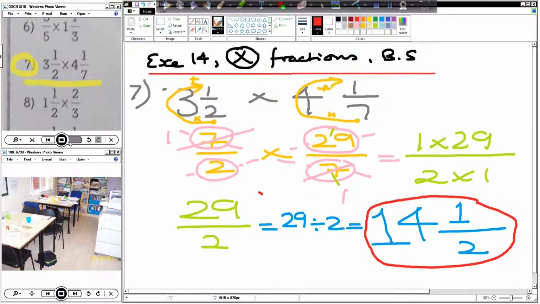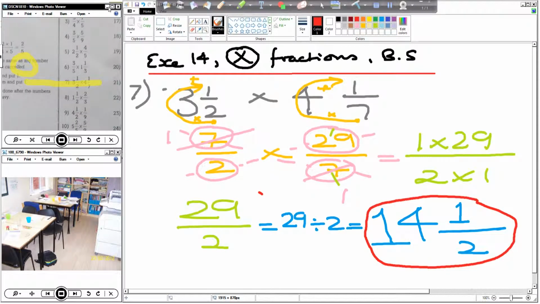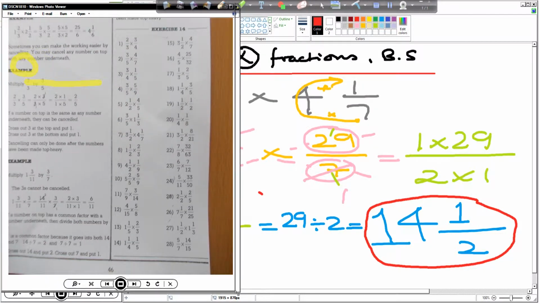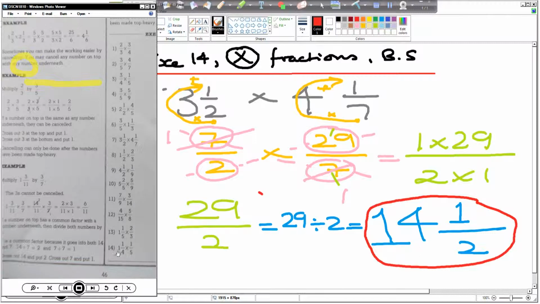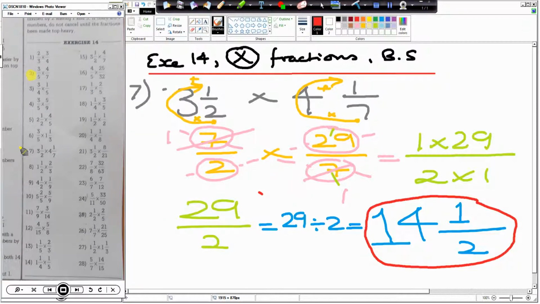Okay, it's now time for you to do some questions. Let's make this a bit bigger. For classwork, I want you to try the following questions. Question number 2, number 7, number 11.